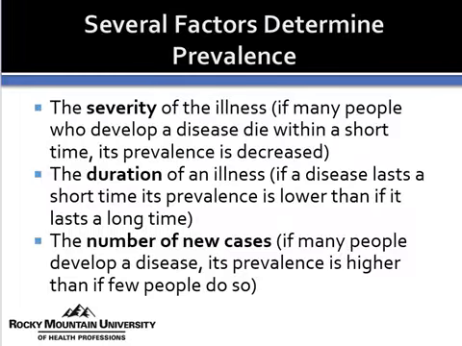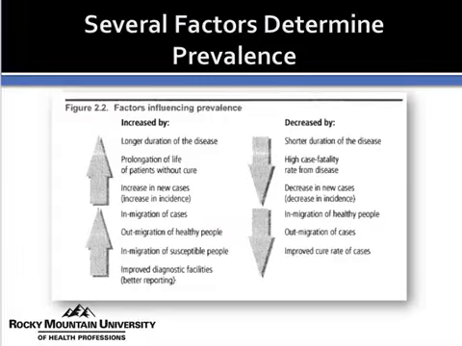Several factors determine prevalence, those being the severity of the illness, the duration of the illness, and the number of new cases. Take a moment to read through these. Basically, what this is saying is, if you're trying to, at one point in time, capture the prevalence of a condition within a population, it can be impacted by a number of factors.